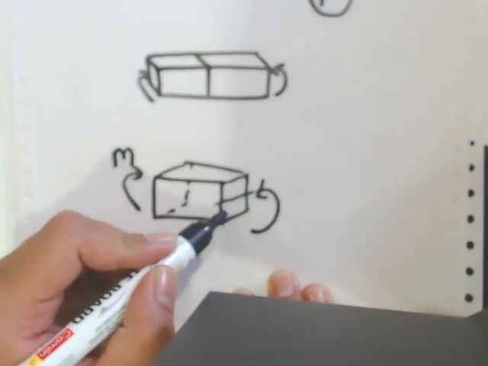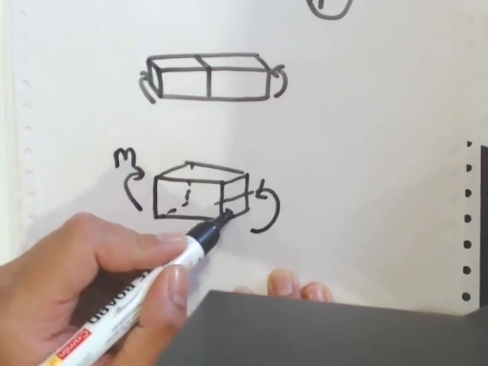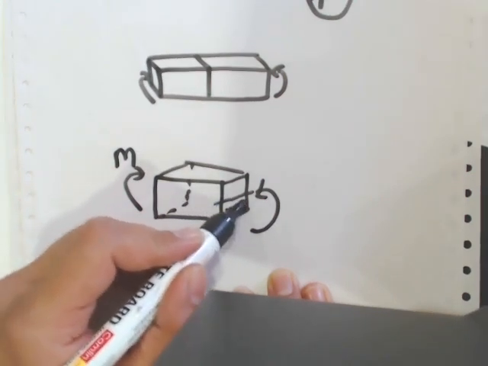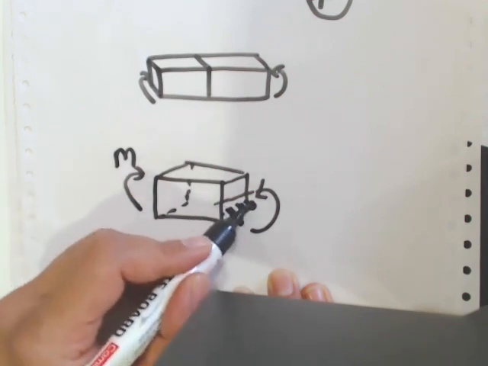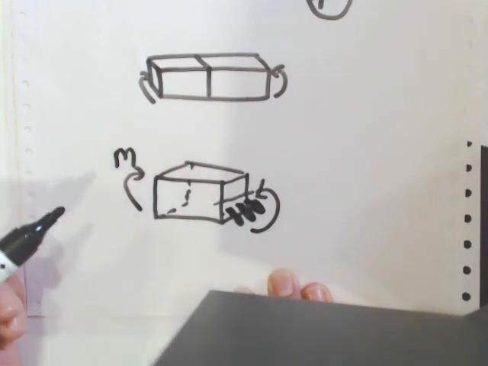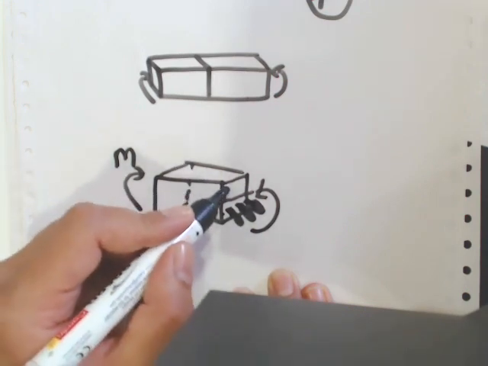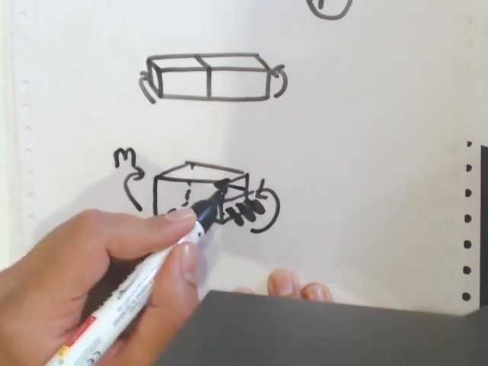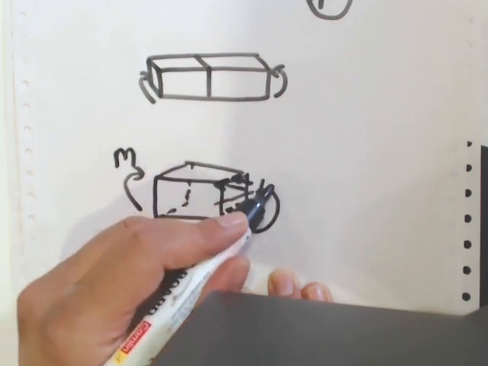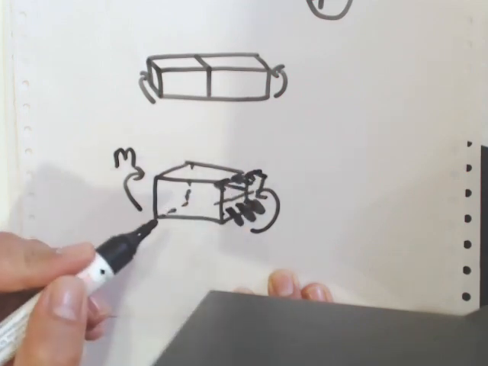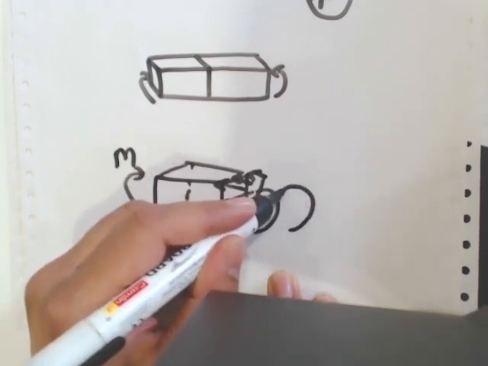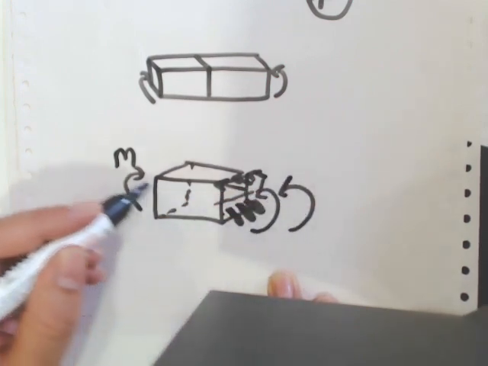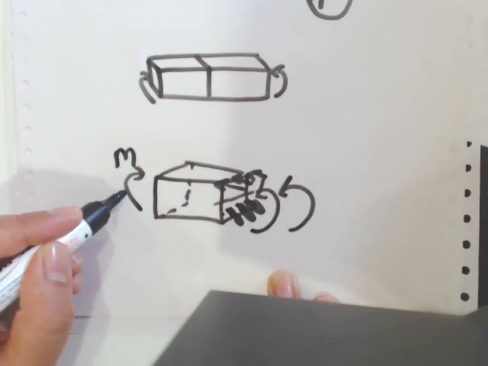Now please see carefully. If the bottom part of the beam is in tension and creates forces which are going outwards, and if the top part of the beam is in compression and creates forces which are going inwards, the resultant of that would obviously create a moment which will counteract this moment.